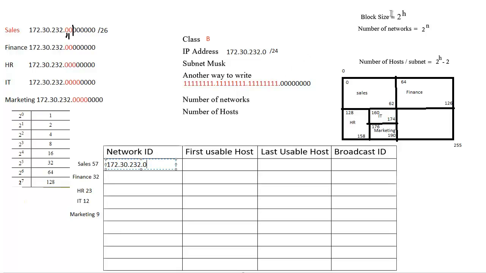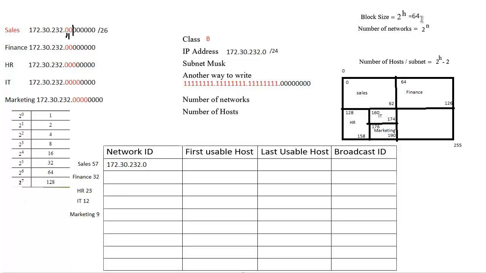For the next network ID, we have to find the block size. Block size is how many total IP addresses are in each chunk of network. It is 2 to the power h, where h is the number of zeros. So how many zeros are we using? Block size is equal to 2 to the power 6, and 2 to the power 6 is equal to 64. So now our block size is 64.